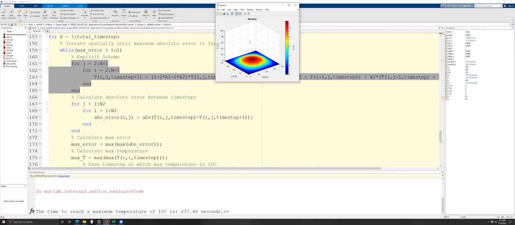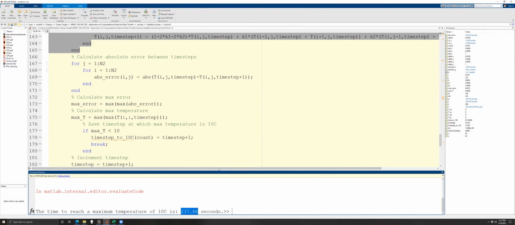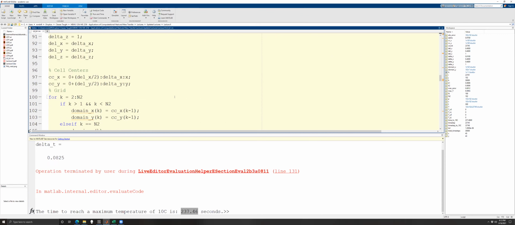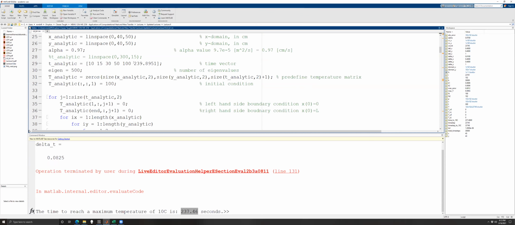Well, what we see, our temperature is decreasing as a function of time, and this is saying 237.46 seconds. I forget what the analytic was. Let me put this up top and see if we're close. Oh, yeah, our analytic was 239.8951.